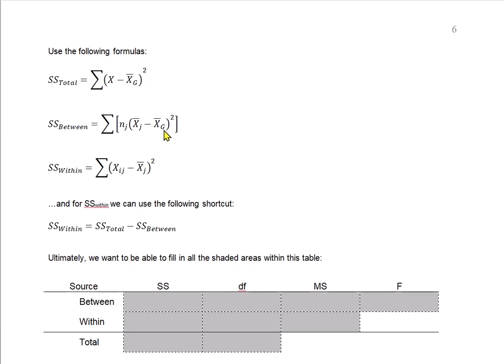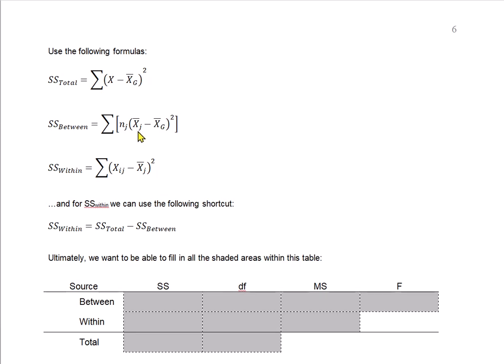So rather than an individual score, which is what we have for the total sum of squares, for the between group sum of squares we're dealing with the mean of a particular group. And that group is symbolized by the subscript j. If you had 4 groups, you would have mean sub 1, mean sub 2, mean sub 3, and mean sub 4. That's all that it means.